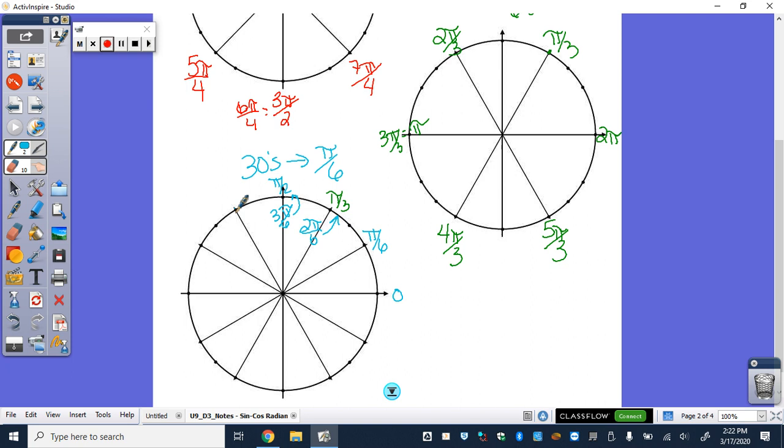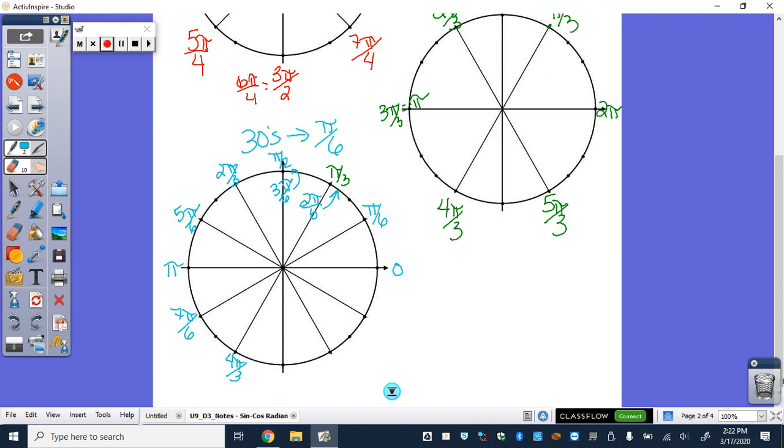So then this would be 4 pi over 6, which reduces. 5 pi over 6, 6 pi over 6, which reduces. 7 pi over 6, 8 pi over 6, which reduces. 9 pi over 6, 10 pi over 6, 11 pi over 6, 12 pi over 6.